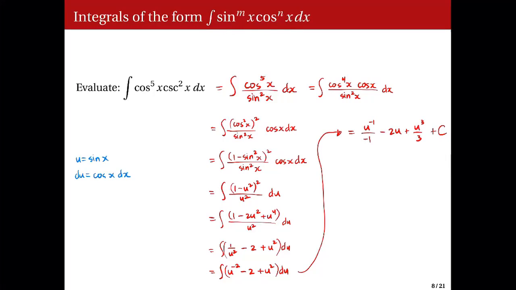And now we bring sine x back. Instead of u raised to negative 1, I'll write that as 1 over u. And bring sine x. So this will be negative 1 over sine x minus 2 sine x plus sine cubed x over 3 plus the arbitrary constant c.